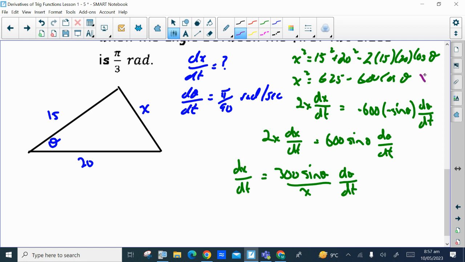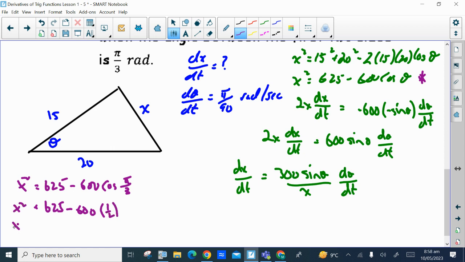So we can use the expression we have up in the top right-hand corner for the law of cosines to find out what x is at the moment where theta is pi on 3. So I'm going to use this simplified expression right there. x squared will equal 625 minus 600 cos of pi on 3, at the moment when the angle is pi on 3. And at pi on 3, the coordinates are 1/2 comma root 3 on 2. The cosine is 1/2. This is what x squared equals.